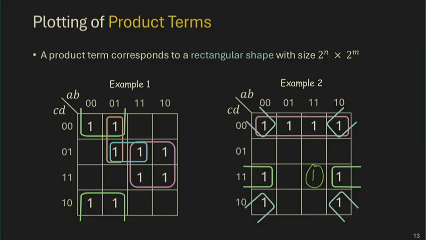You can group it into a larger one by going in the other direction. But just keeping this as a singular term is also a valid product, just not minimal. And if this one doesn't have any neighbors of ones, then you have to include it as an individual minterm, a product involving all of the input variables. Yeah, any other questions?